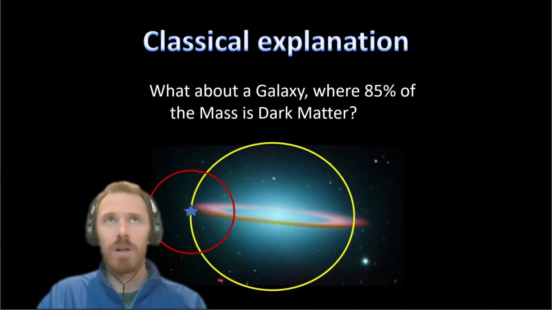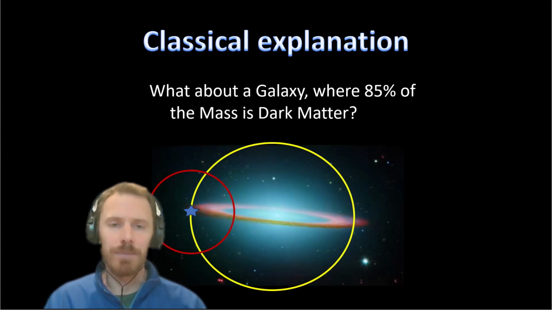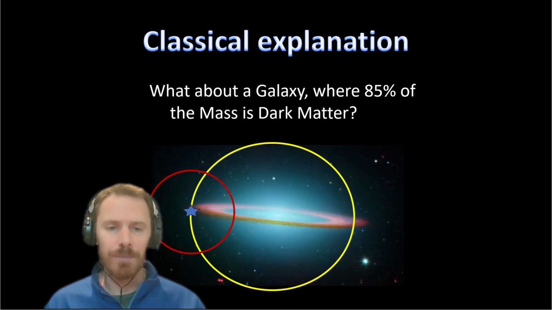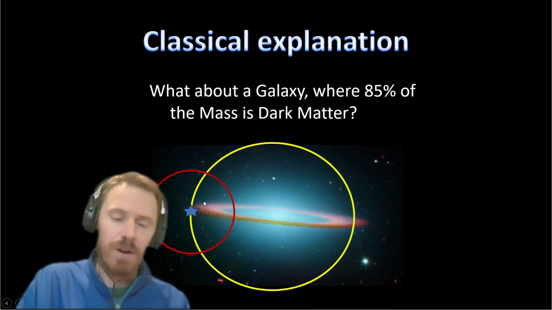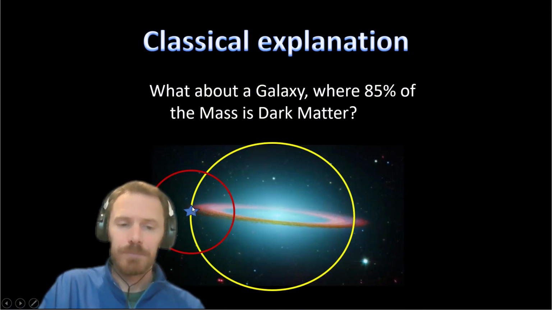This becomes more clear when we look at the gravitational effects around a galaxy, because a galaxy is 85% dark matter, and the dark matter is distributed everywhere. So if we look at a star on the outskirts of a galaxy, according to our current understanding of gravity, we would say that all the mass within the radius of that star would contribute to the gravitational acceleration of that star.